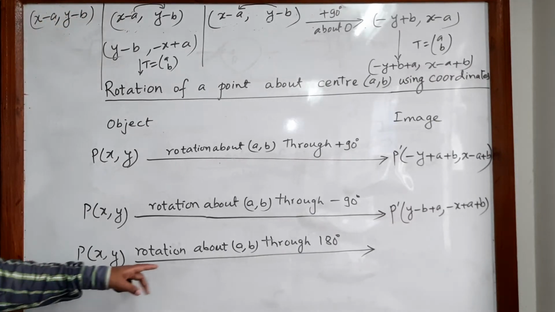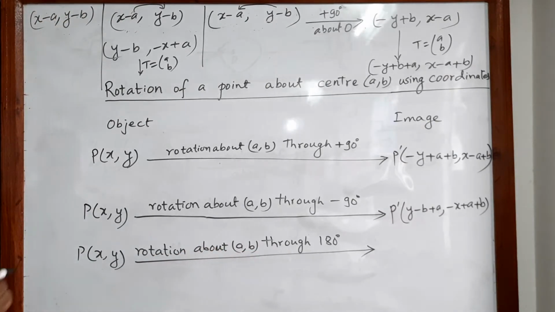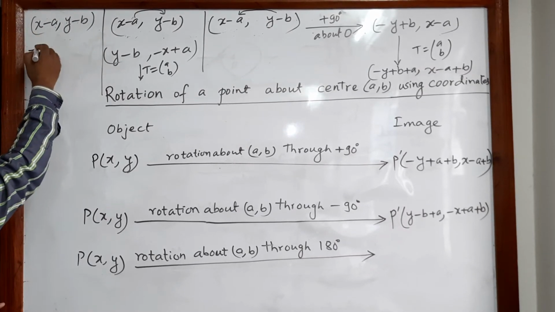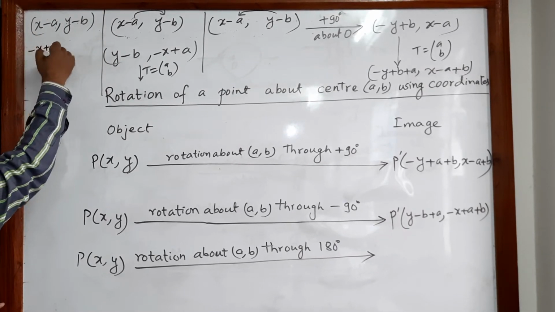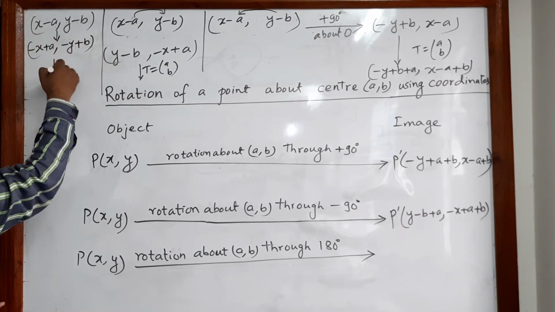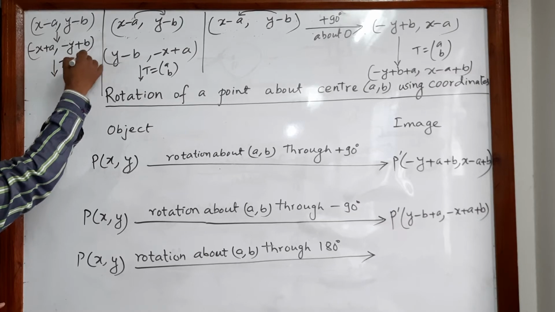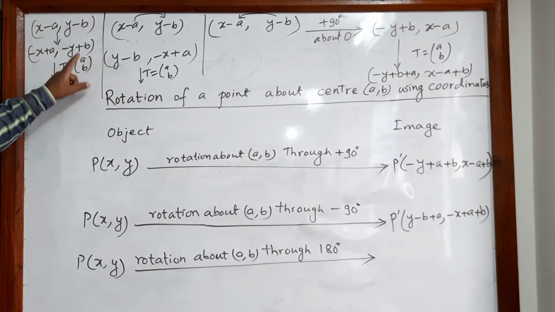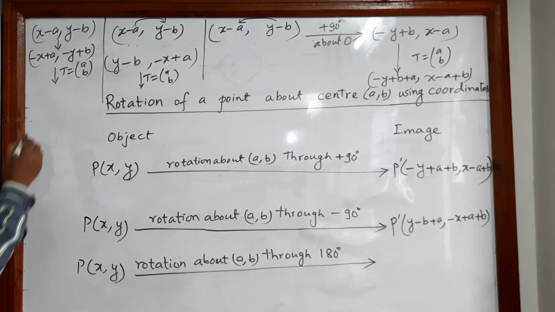From (x, y) we subtract this point AB, and we rotate this through 180 degrees: minus x plus a, minus y plus b, and we simply add AB, a with the first coordinate, b with the second coordinate.